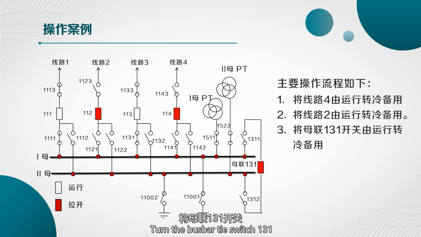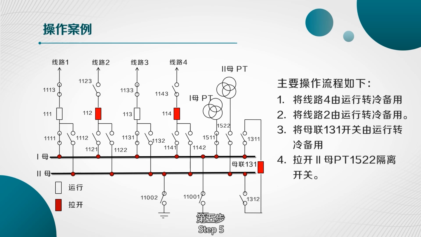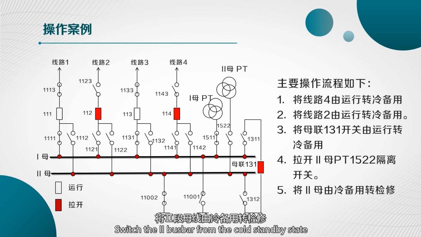Turn the busbar tie switch 131 from the operating state to the cold standby state. Step 4. Open the 2 busbar PT 1522 disconnector. Step 5. Switch the 2 busbar from the cold standby state to the maintenance state.